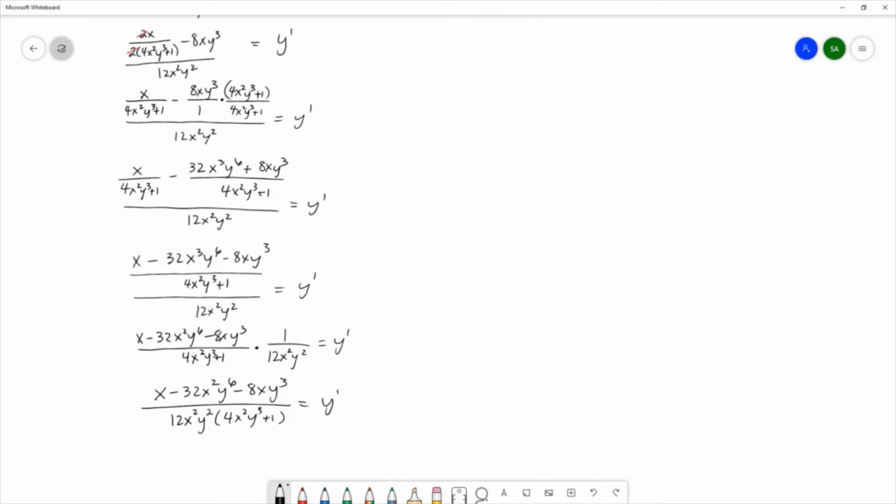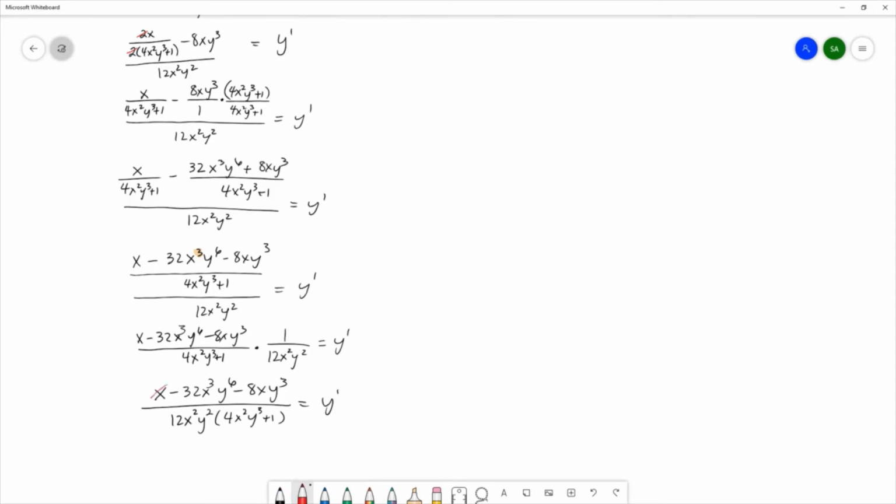Okay, I think I found where I did it. So it looks like I changed this 3 to this 2 right here. So let me fix that. That should be a 3. And then looking at the answer key on the paper, it looks like they just canceled a factor of x out.